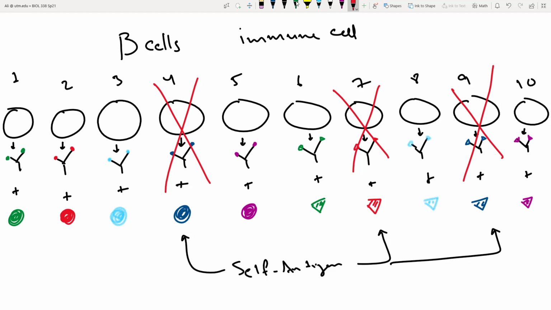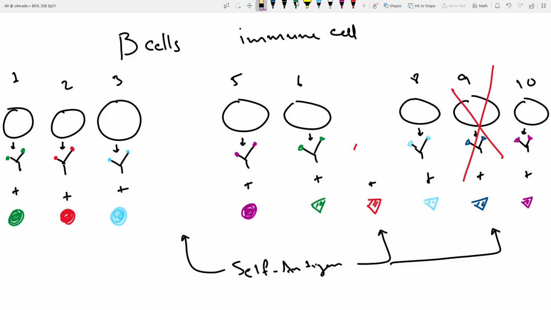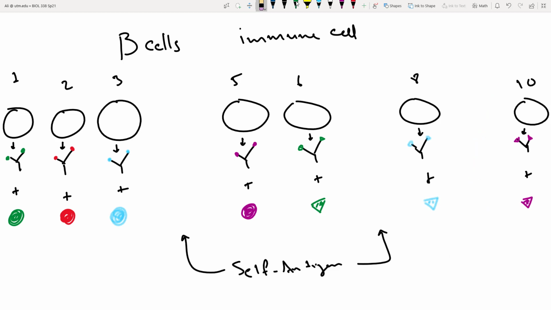So these are removed. We no longer have to worry about them. And through this process of selection, you get a library of B cells that specifically target any possible non-self antigen, whether that's a viral protein, a bacterial protein, etc.